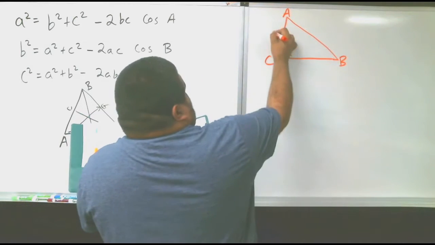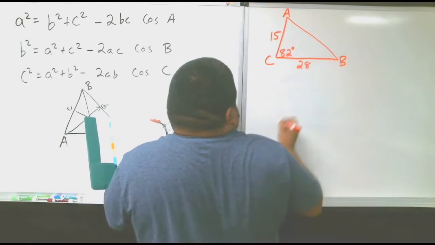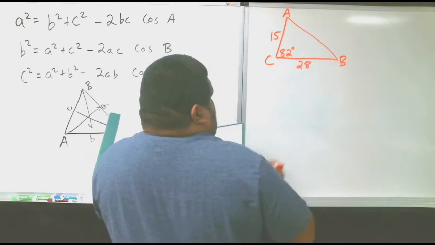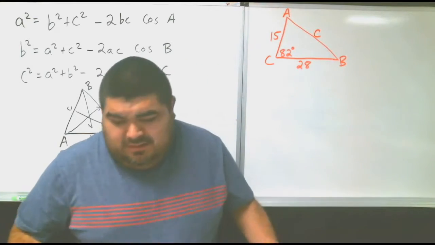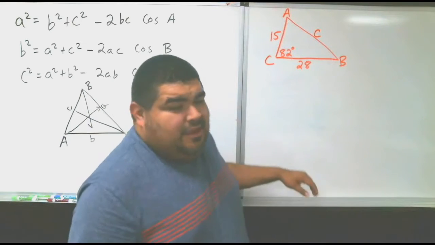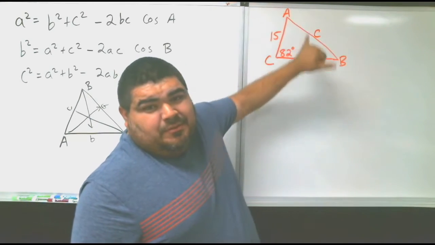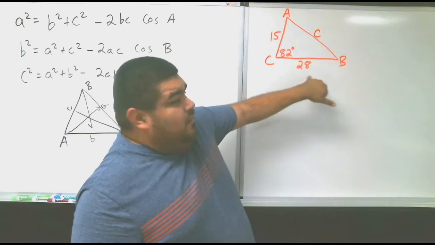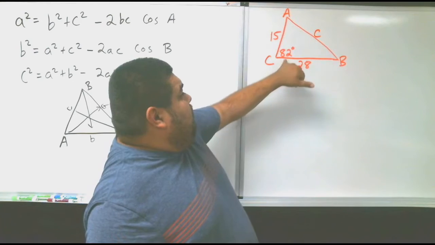It also tells us that one side is 15, the other one is 28, and we need C. So keep in mind, we have 15 and 28, we have A, lowercase a, B, lowercase b, and we have angle C.